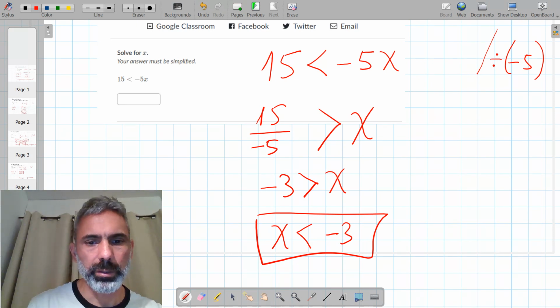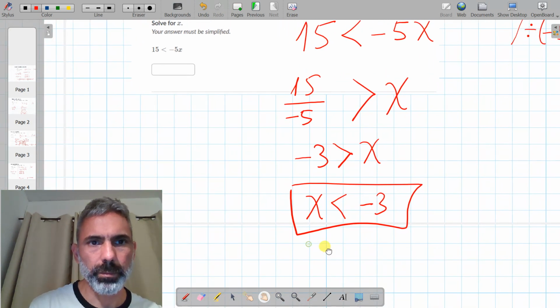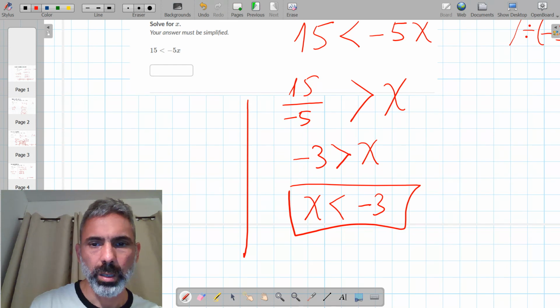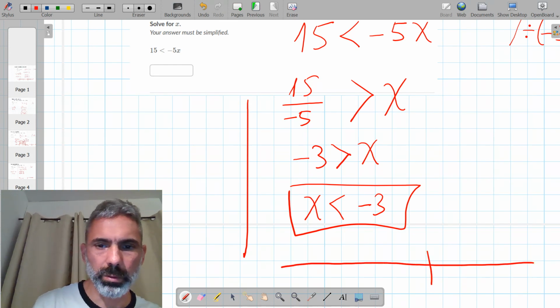Okay, now test. Check the value. Let's take x less than minus 3, so on the number line, if this is minus 3, let's take minus 4 for instance, because minus 4 is less than minus 3.